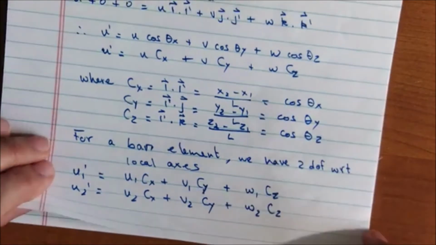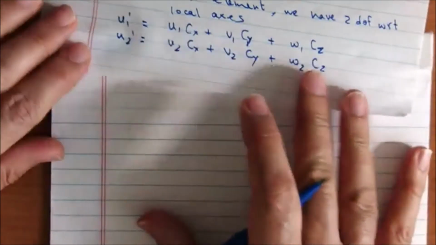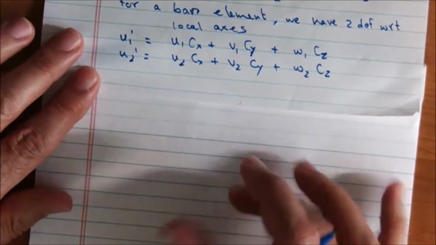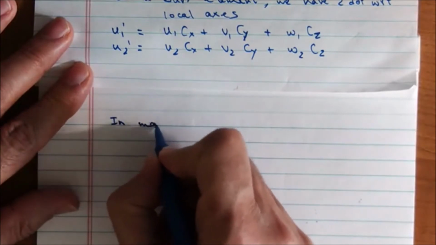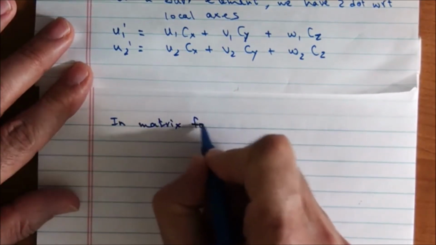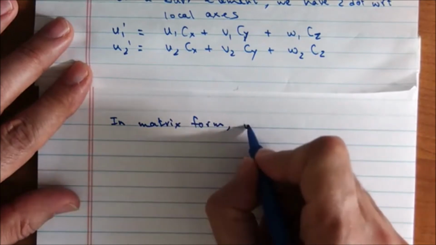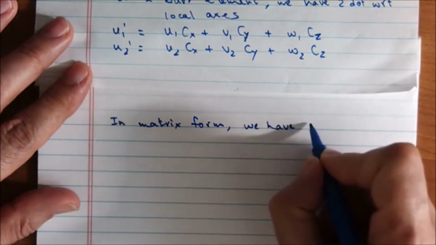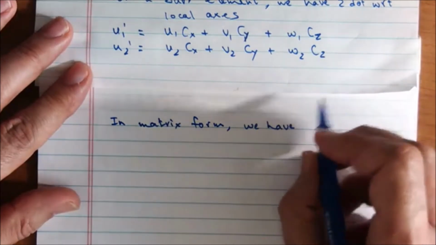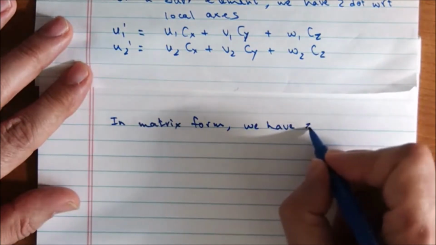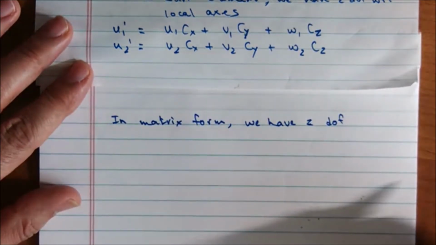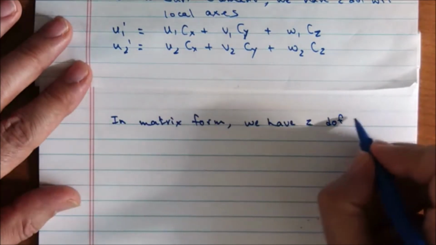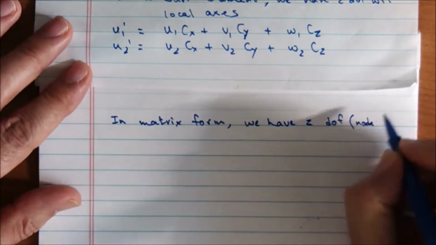I can put this in matrix form. So in matrix form, we have 2 degrees of freedom or nodal displacements.